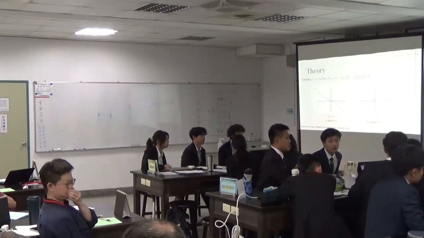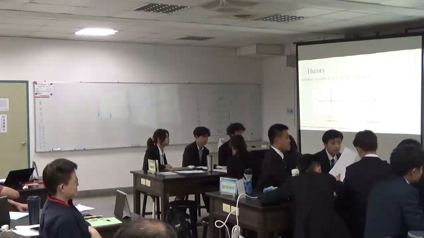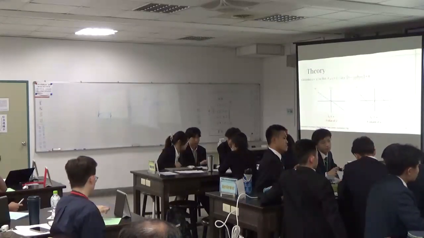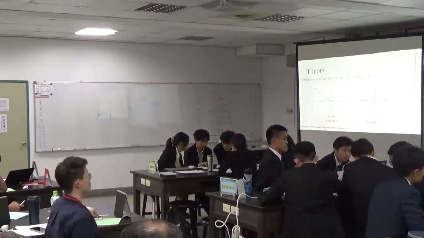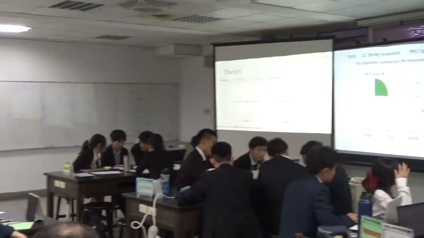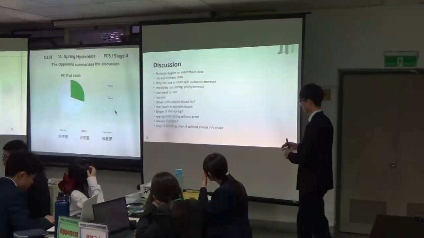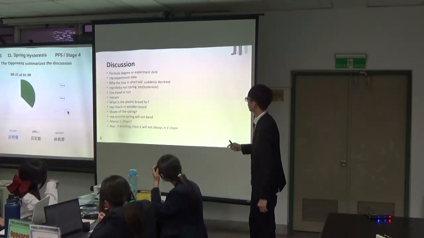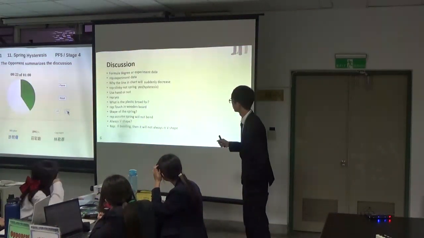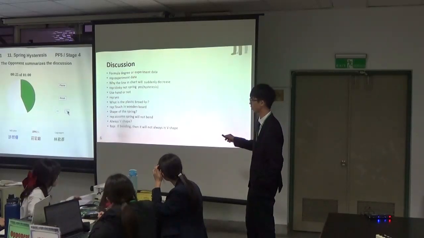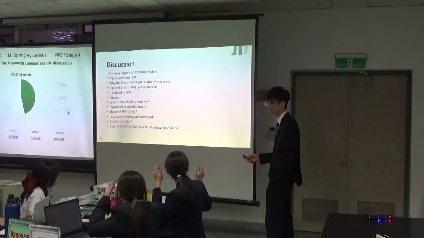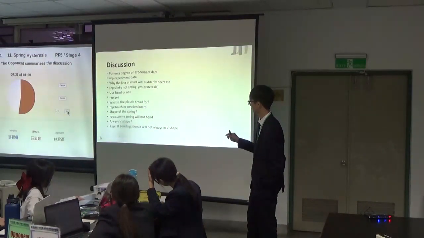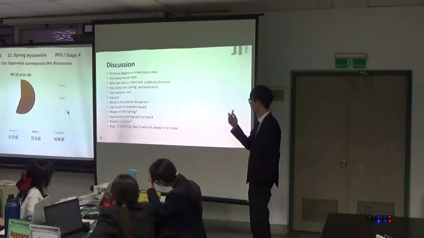And here is the discussion between me and the reporter. So I asked them to extend the formula and use the experiment data to prove the formula. The third is why the line in the newton will suddenly decrease, and the fourth is the thinking.